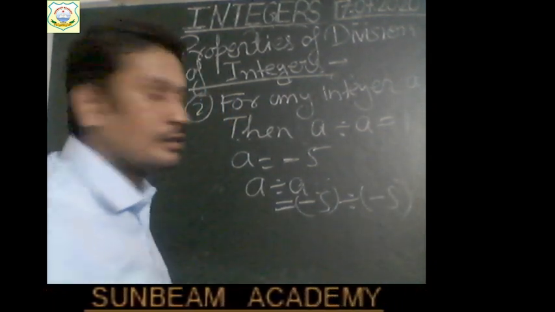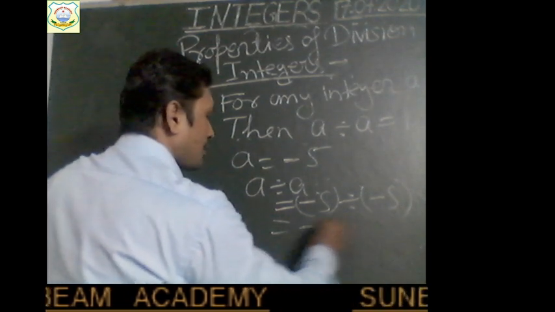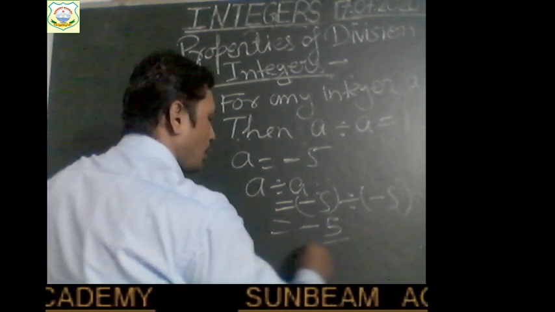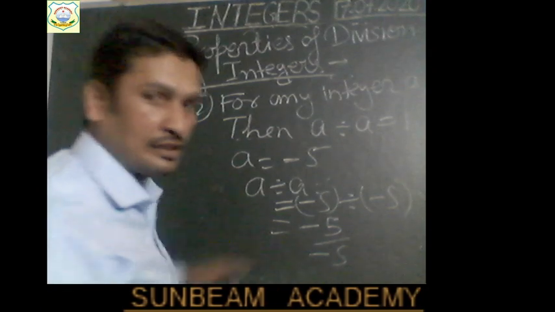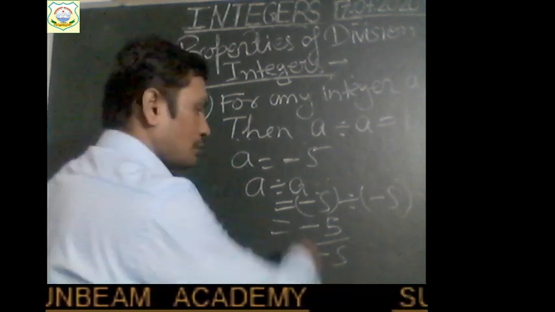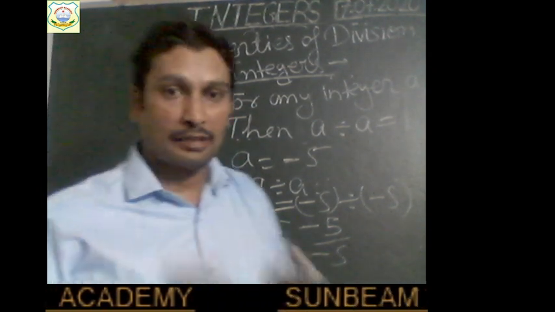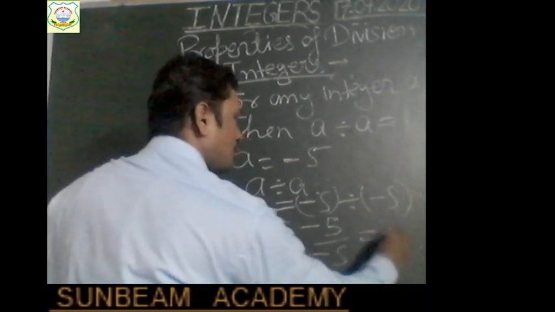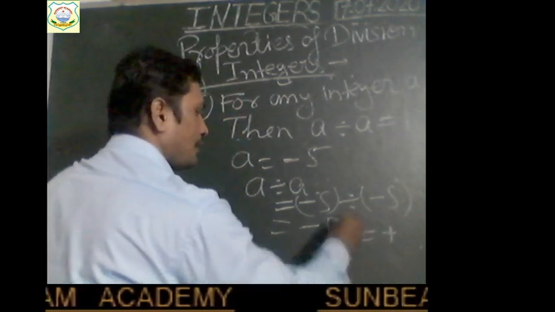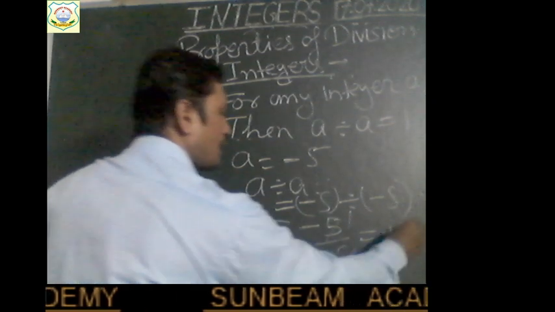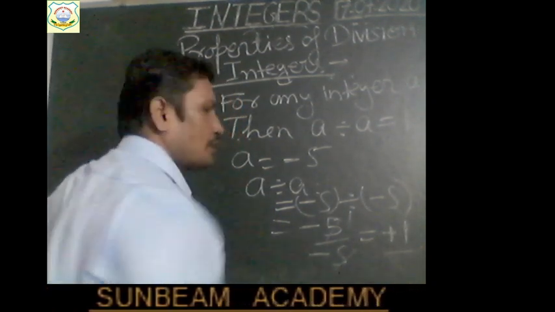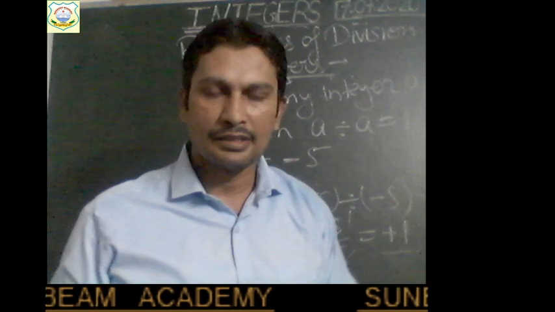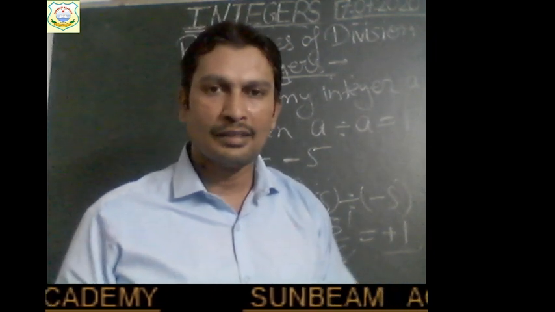We can also write it as minus 5 upon minus 5. This is another way to write. So minus minus will be cancelled, minus minus plus. Right? And the 5s are cancelled. 5 ones are 5. So finally we get 1. So the answer is 1 only. This is so simple, children. Am I right?